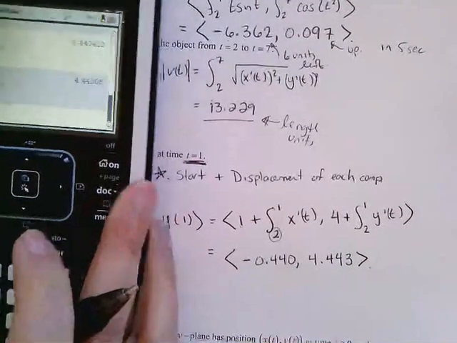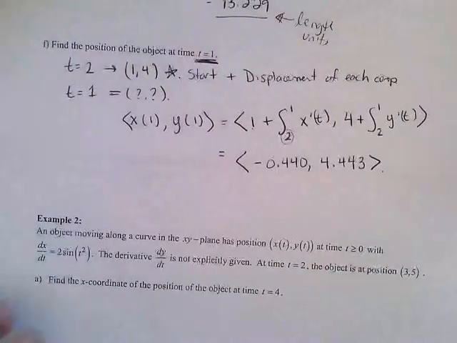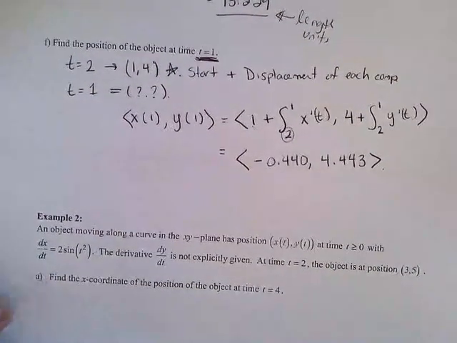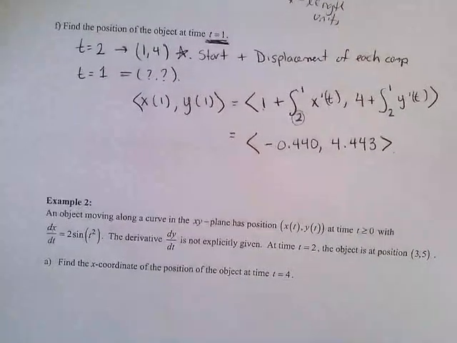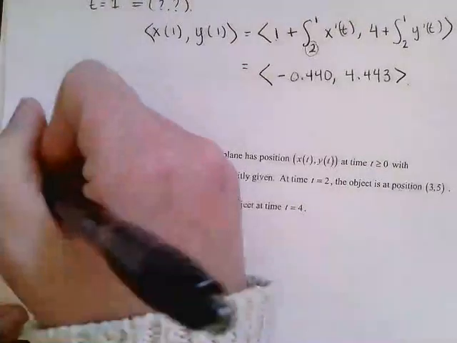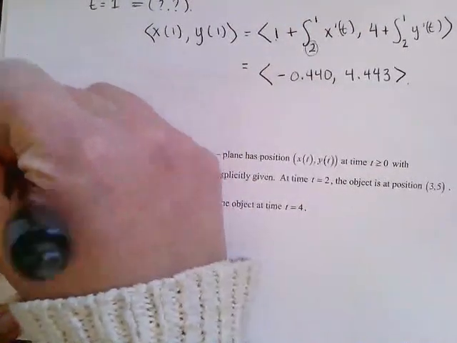Okay, so this is a very good calculator example for your free response question. You probably won't have all of these parts because that's a lot, but you'll have portions of it. Okay, example 2. This is also a calculator example.